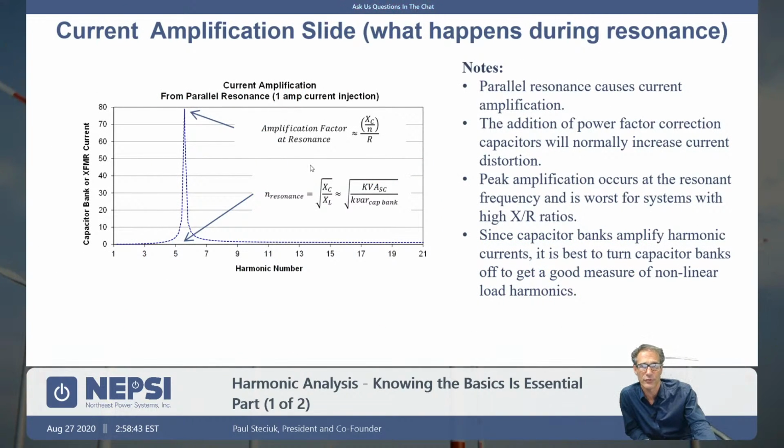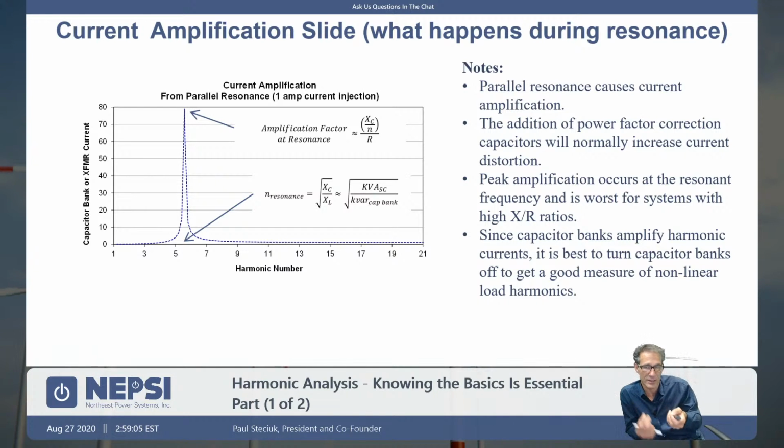So what happens during resonance? You get voltage distortion, we talked about that, but you also get current amplification in the capacitor bank itself. You can see here what I did: I inject 1 amp of harmonic current at each and every frequency in the network, and I then measure the current flow in the capacitor or in the source.